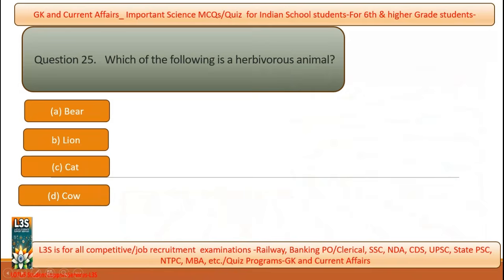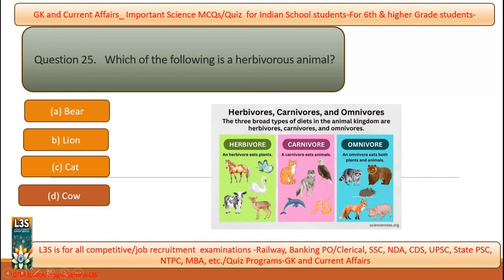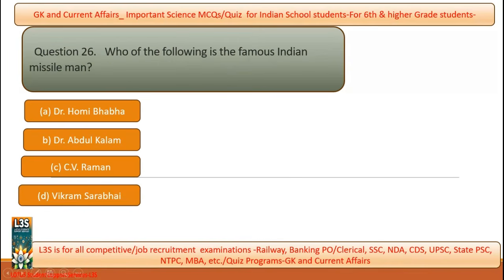Which of the following is a herbivorous animal? Options are bear, lion, cat, cow. And the right option here is D, cow. Who of the following is the famous Indian missile man?